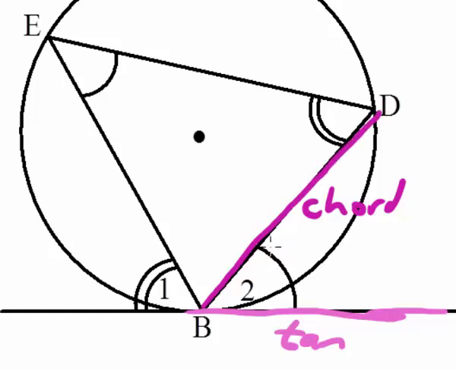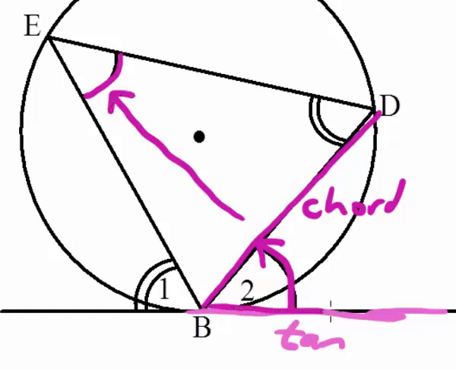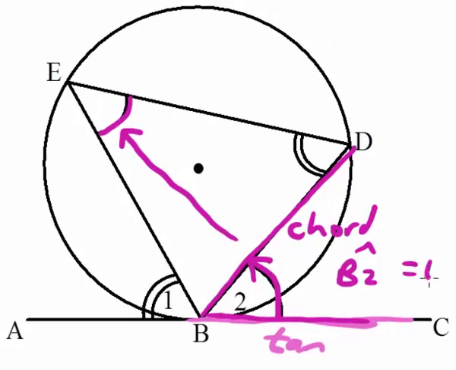The angle between the tangent and chord, now look at this, is the angle in the opposite segment there. Angle between tangent and chord is equal to the angle in the alternate segment. So we know that B2 is equal to E. If you look at something else, if AB is your tangent, then what do we know?